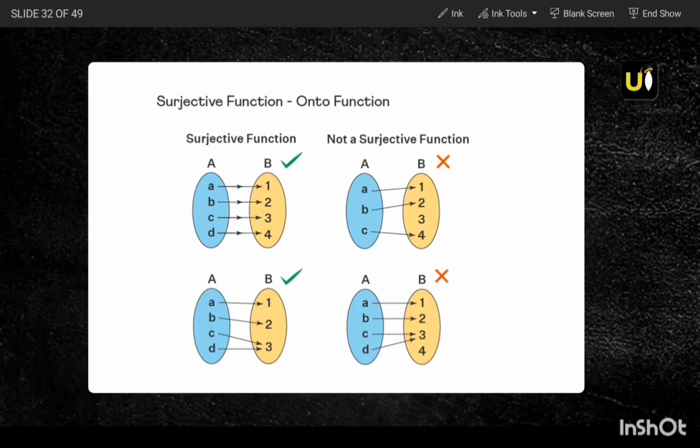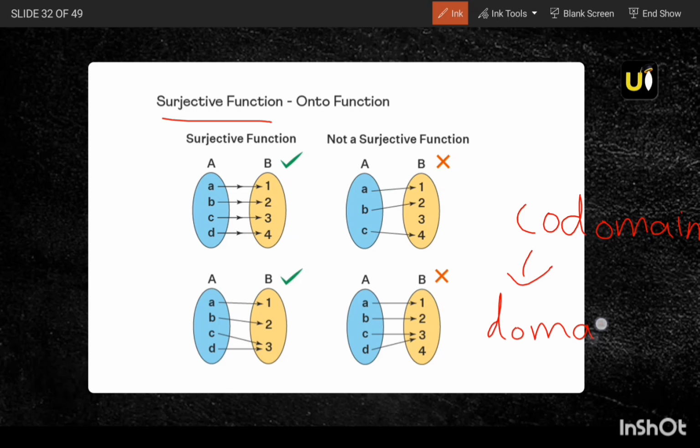surjective or onto function. What is an onto function? So here surjective function is a function in which for every element in the codomain, there is an element in the domain.